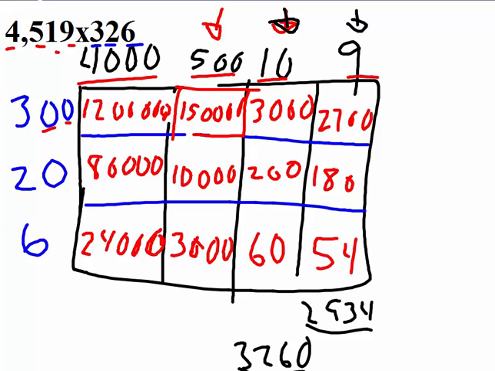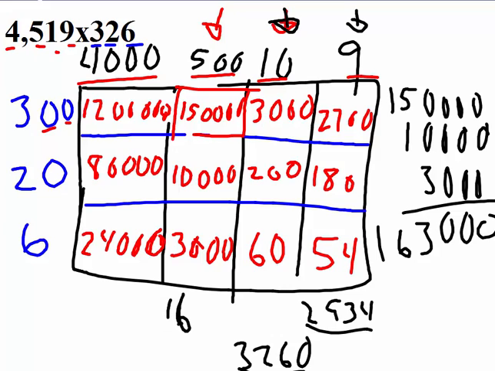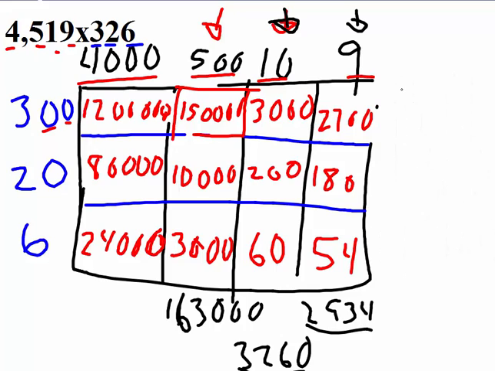Okay, my next one, here's my longer ones. There's lots of zeros, so I need to make sure I add the right number of zeros. 1, 2, 3, 4. And then 1, 2, 3, 4. And then 3,000. So that's going to be 1, 6, 3, 0, 0, 0. Then my last one, my largest one, there's 1, 2, 3, 4, 5.